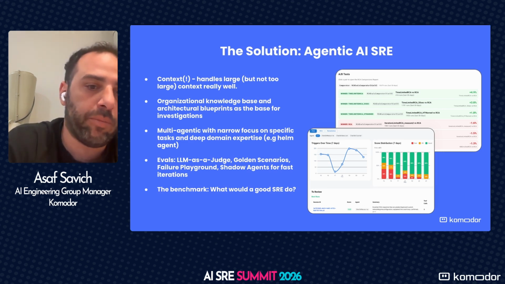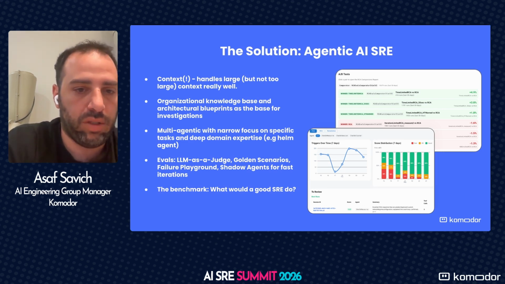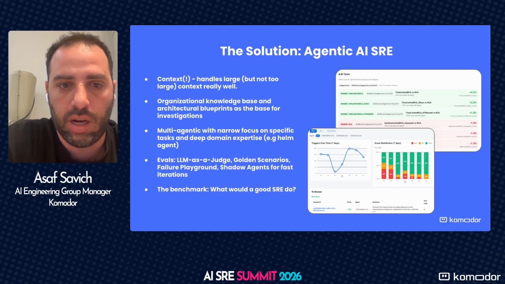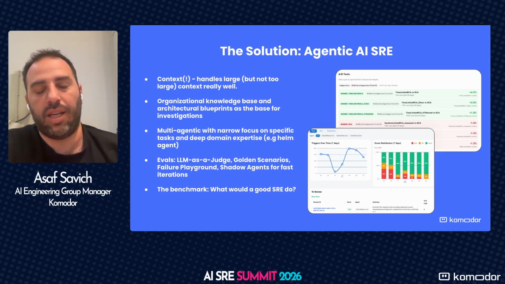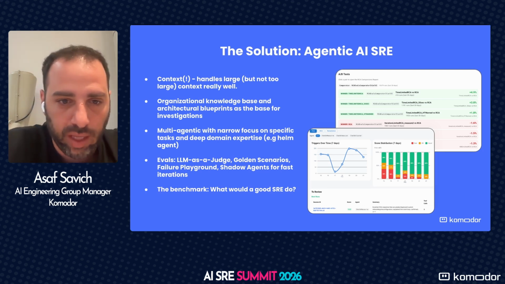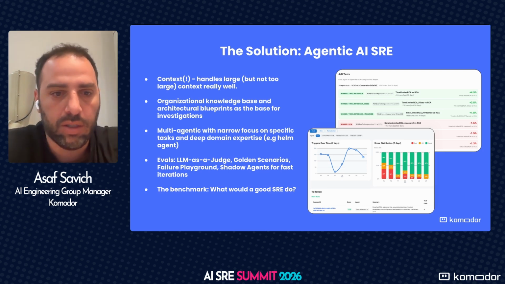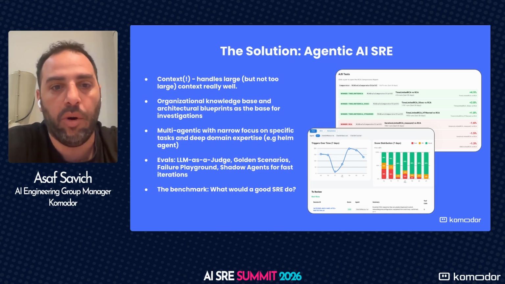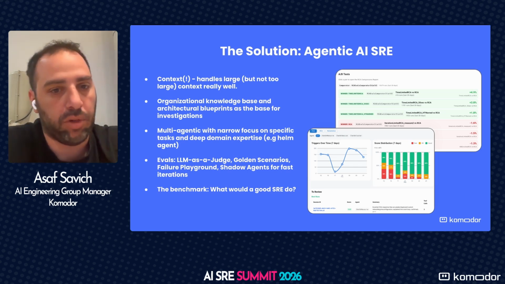So we create version 1.1. We push it to production, but our customers are not aware of version 1.1. They only see version 1.0. But behind the scenes, in shadow mode, we run both. We run 1.0 and 1.1.